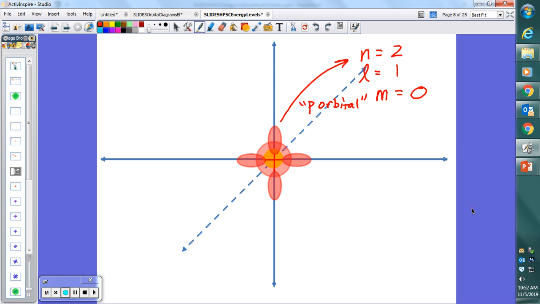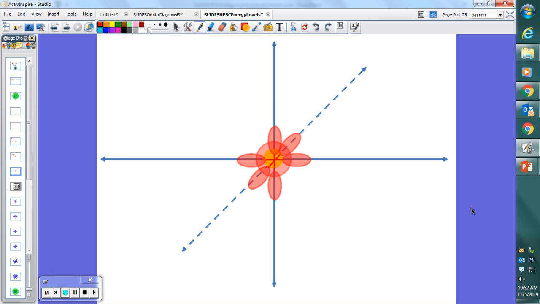So if we were to put quantum numbers on this third p orbital here, first, it's still red. What does that mean about its principal quantum number? 2.